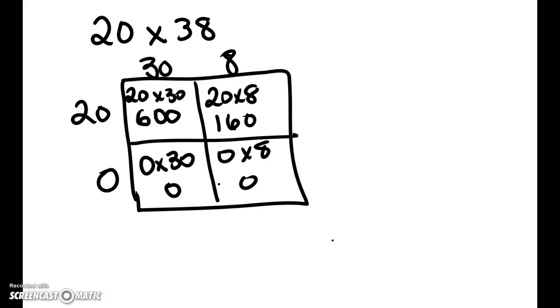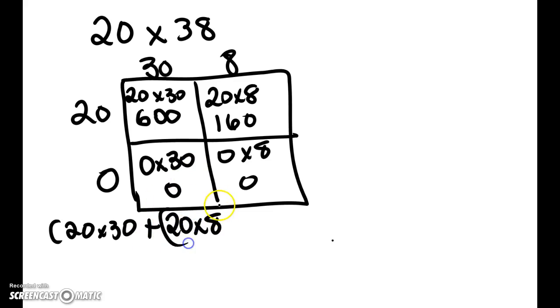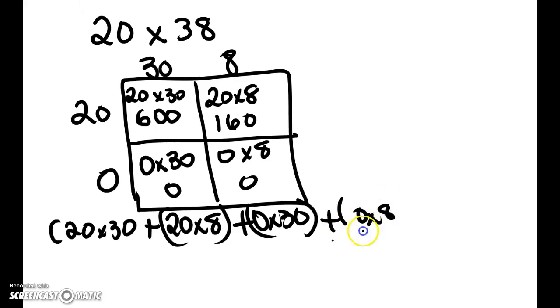So now we can write this in a linear fashion using the distributive property. So, and these are the partial products. 20 times 30 plus the 20 times 8 plus the 0 times 30 plus the 0 times 8.